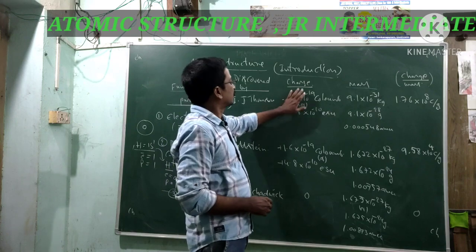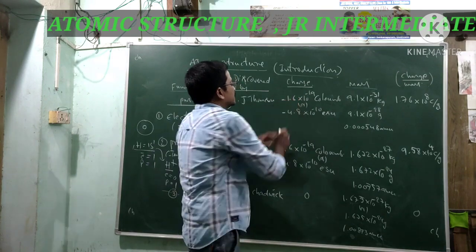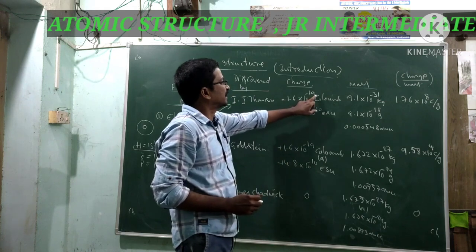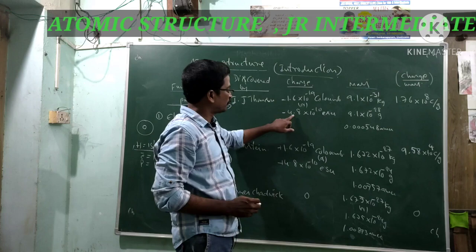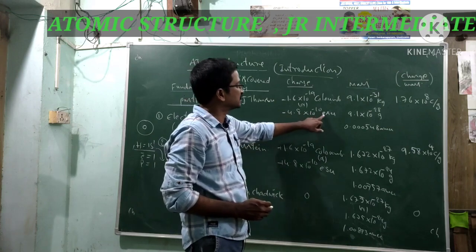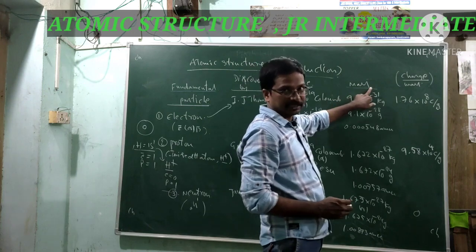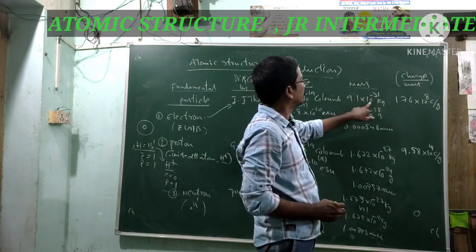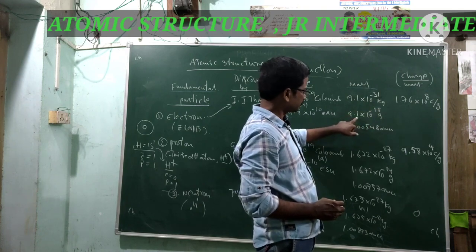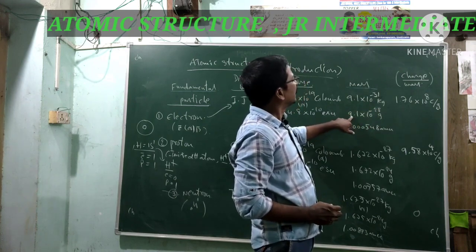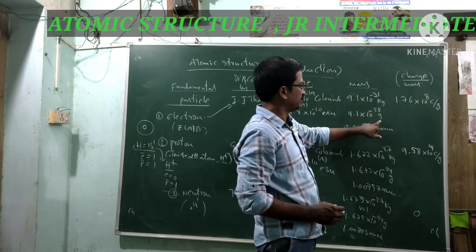The charge of an electron is minus 1.6 into 10 to the power of minus 19 coulomb, or minus 4.8 into 10 to the power of minus 10 ESU. The mass of an electron is 9.1 into 10 to the power of minus 31 kg, or 9.1 into 10 to the power of minus 28 grams.